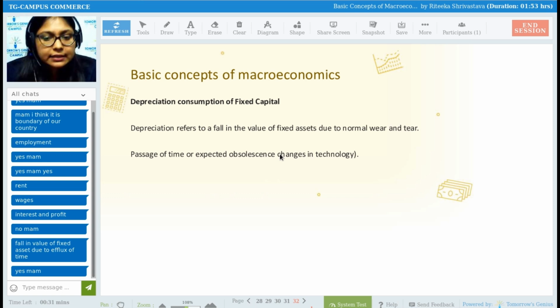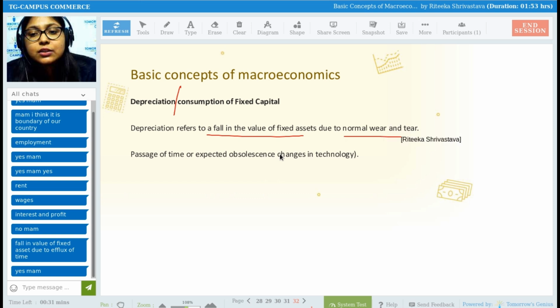Then we said let us understand the meaning of depreciation very carefully. Depreciation is consumption of fixed capital. So you can call it depreciation, or you can also call it consumption of fixed capital. Depreciation refers to the fall in the value of fixed assets due to normal wear and tear.